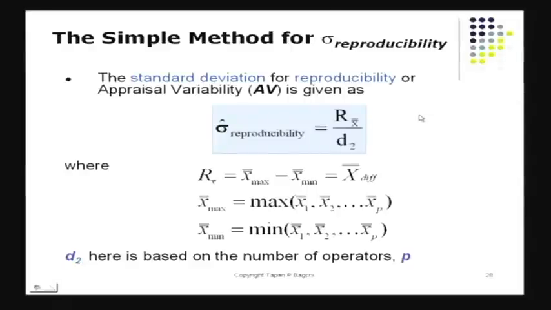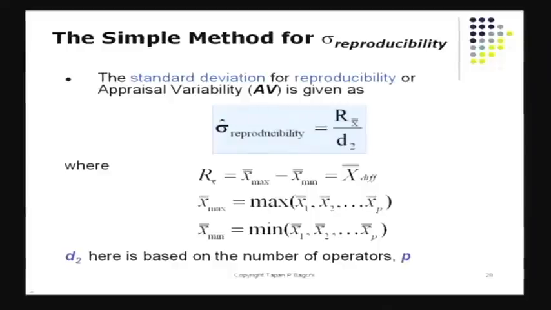I have now the other dimension, and in this case I'm talking about reproducibility. Try to recall: repeatability is caused by the gauge, and reproducibility is caused by the operator.